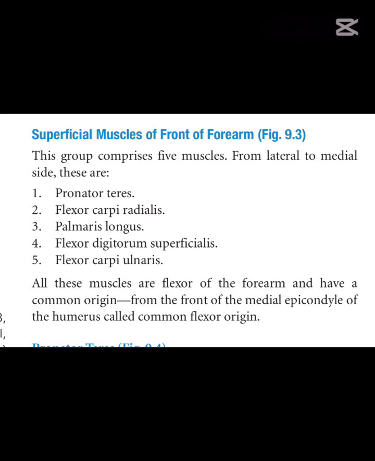Then P is Palmaris Longus. Another F again, Flexor Carpi Ulnaris. Then the last one is Flexor Digitorum Superficialis. So that is PFPFF. Don't forget, that is the mnemonic for the superficial compartment.